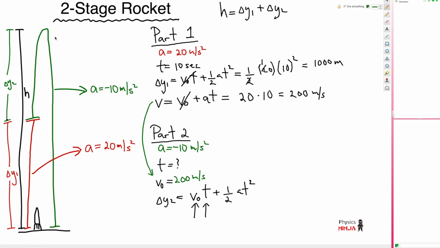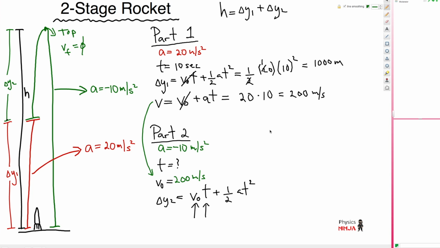But now we have to use what we learned in our class, and we should know something about the top here, right? At the top, you should know that the final velocity equals 0. And we can use that fact to find how much time it took to go from this point all the way to the top.